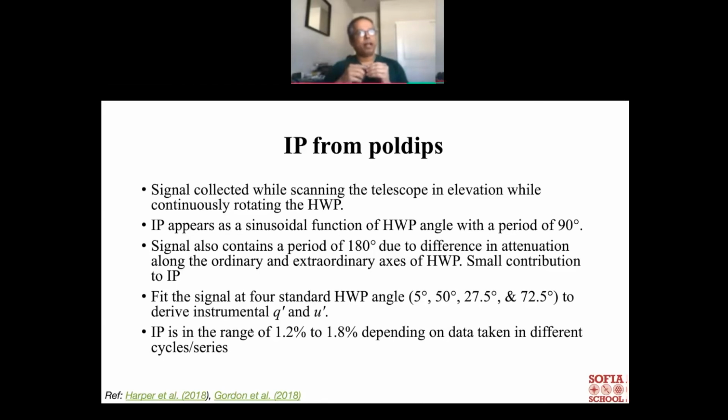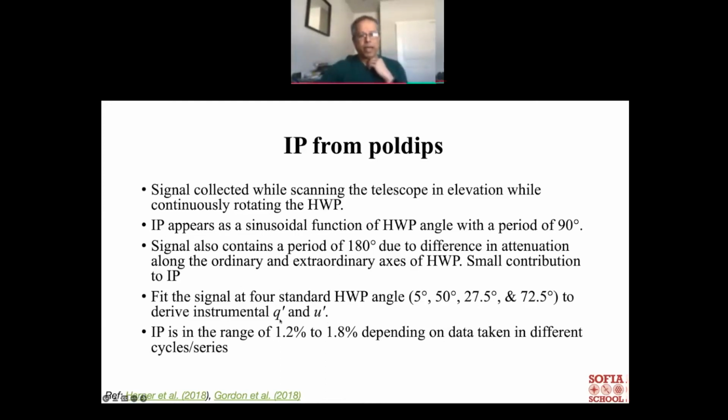Two of those signals, which appear with a period of 90 and 180, have nothing to do with the air mass where you're seeing, but it's basically the telescope, that is the instrumental polarization that you're observing. There is one component which has to do with the air mass, and the last one is the temperature of the detectors itself. So we model all of these things, and then from the model we fit the data and get our Q primes and U primes.